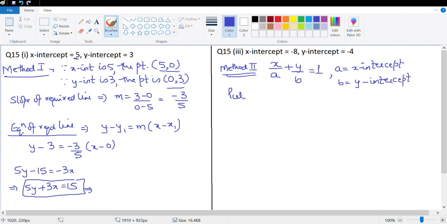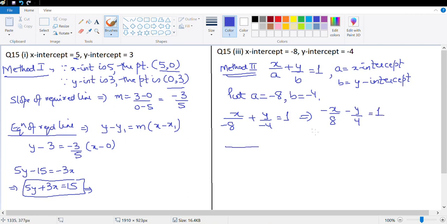So put A, since A is the x-intercept. A is equal to -8 and B is equal to -4. Let's see what do I get. X upon -8 plus y upon -4 is equal to 1, which means -x upon 8 minus y upon 4 is equal to 1.